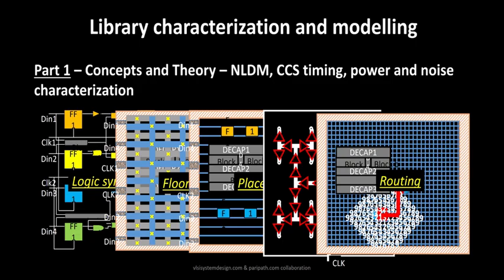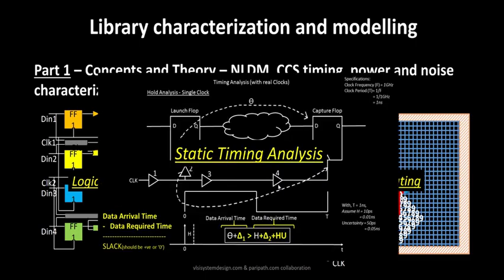If you want to route from this point to this point, there are certain properties of the cells that have to be taken care of. I'll be able to show you how this routing step is also related to your library characterization step. And finally, static timing analysis is a step where you try to see what the setup time is, what the hold time is, and what the maximum achievable frequency of a circuit is.